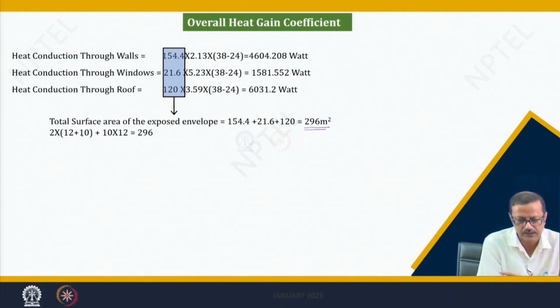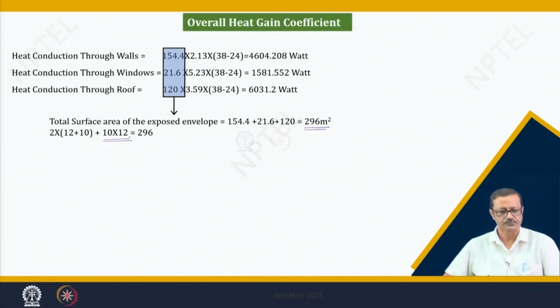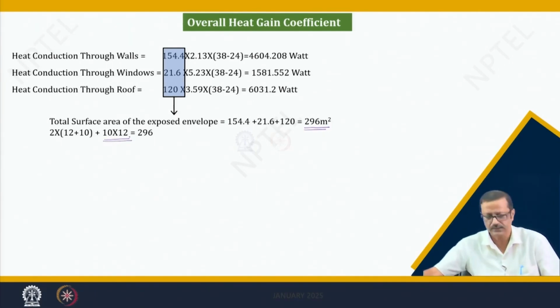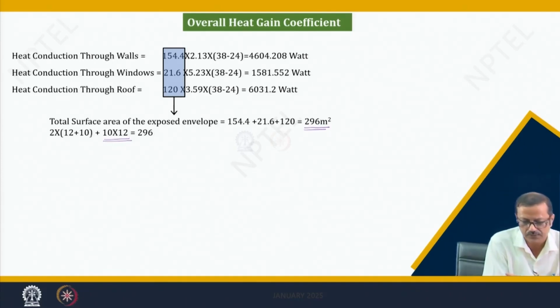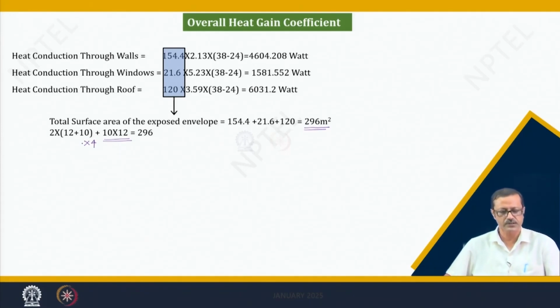This envelope area, this is the perimeter into the 4, and this is the area of the roof. So, the total 296 is the envelope area. I think we have to multiply this with 4 because the height is 4 meter or so. We will correct it when we distribute it to you.